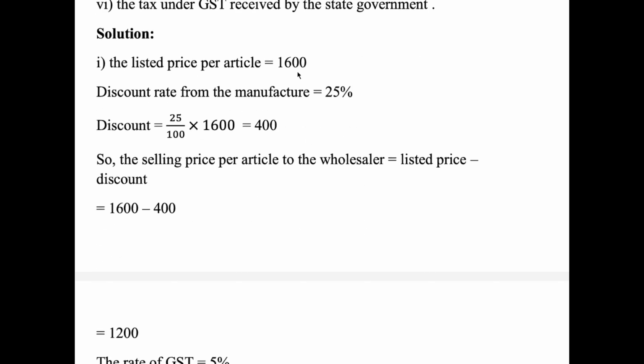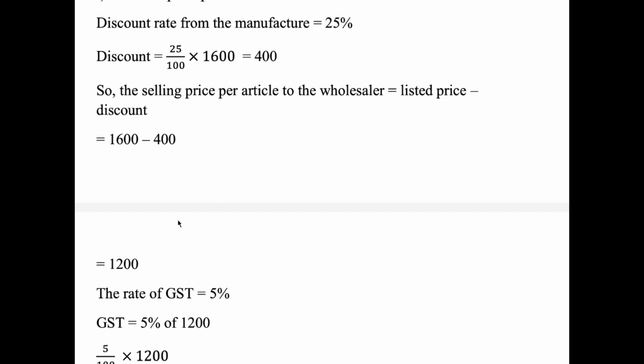The listed price per article is 1600, discount rate from the manufacturer 25%. So 25% of 1600 comes to 400. So the selling price per article to the wholesaler, that is listed price minus discount, 1600 minus 400, comes to 1200.